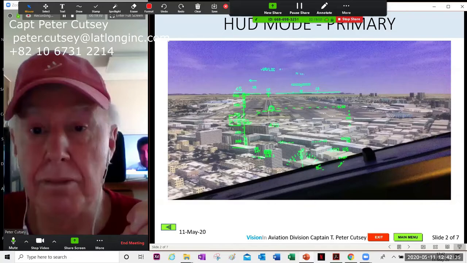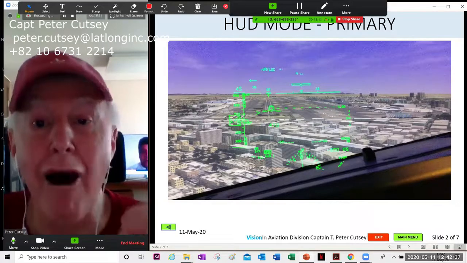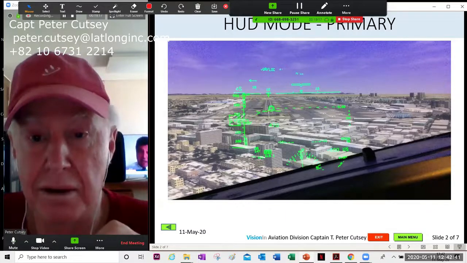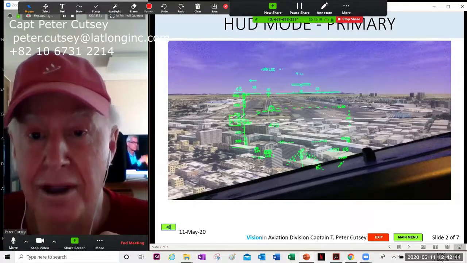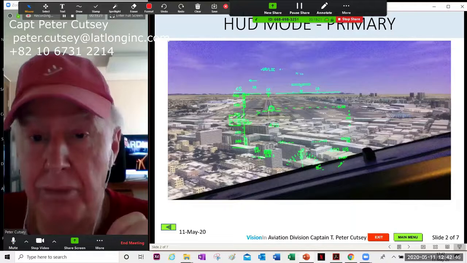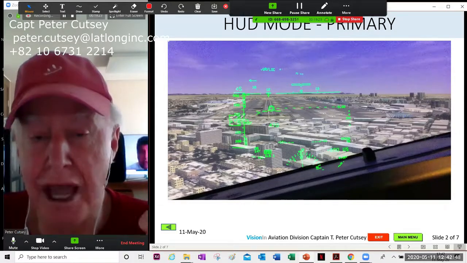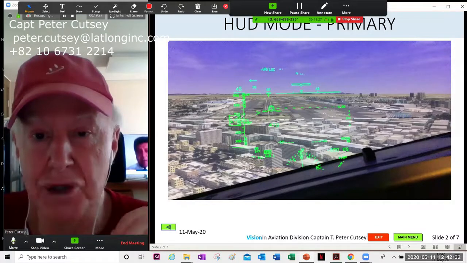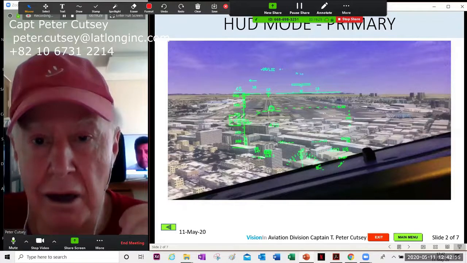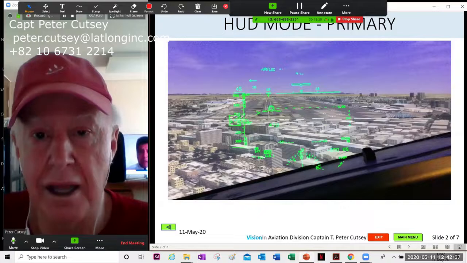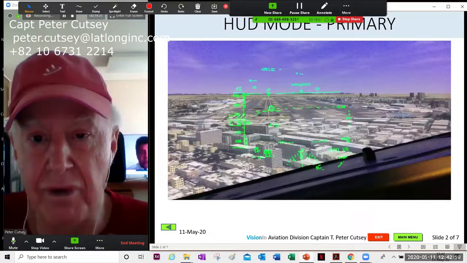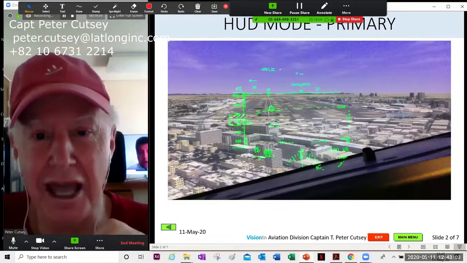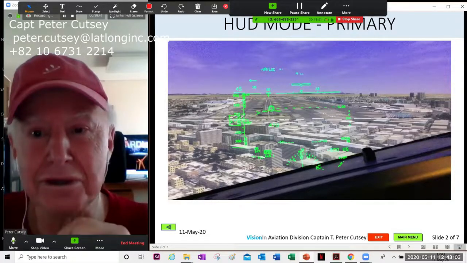Therefore, your flight path symbol will be on the horizon. And that's how you fly level flight. And the angle between your pitch angle and your flight path angle is your angle of attack. So in level flight with 5 flap at 60 tons, pitched up at 6 degrees, your angle of attack is 6 degrees.